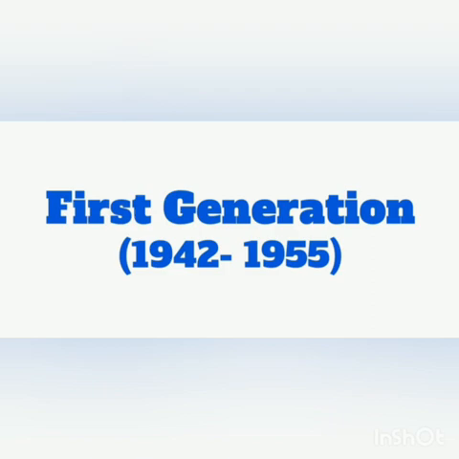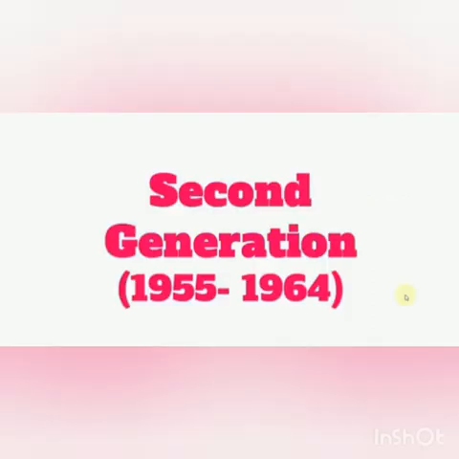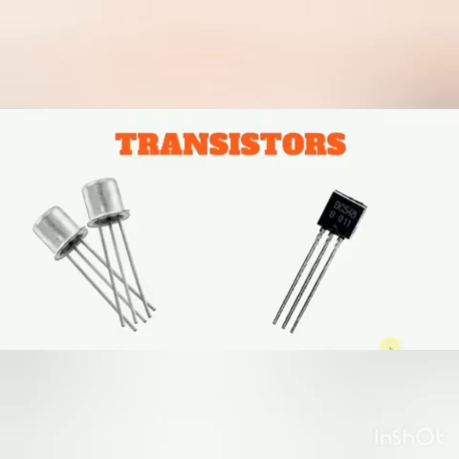To overcome this, they developed a new component which they implemented in the second generation. Now, let us move on to the second generation. Second generation, period 1955 to 1964. The component used in this generation is transistors.